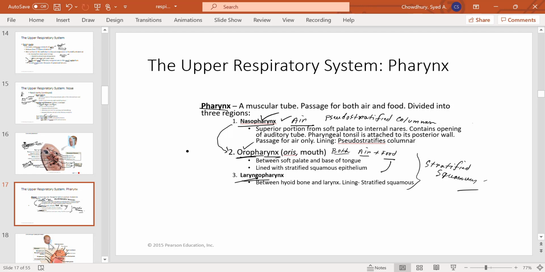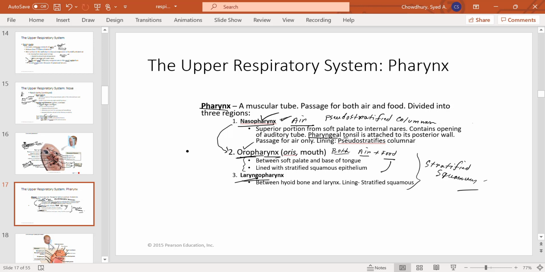If the pressure inside the ear increases, some air will escape and go to the nose, to the nasopharynx. And also the pharyngeal tonsil, which is known as the adenoid, as you already know, is attached to the posterior surface of the nasopharynx.